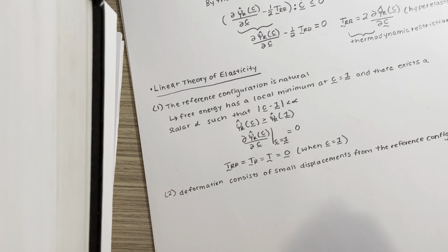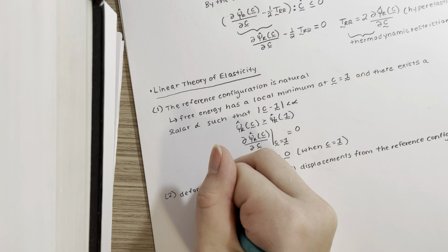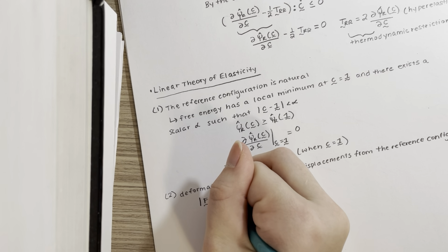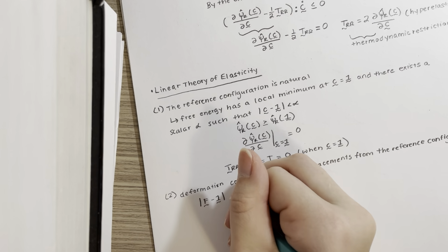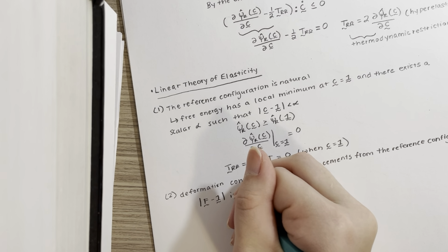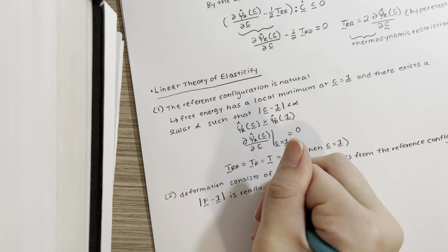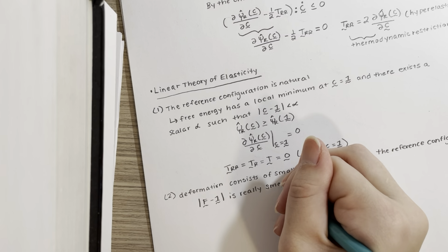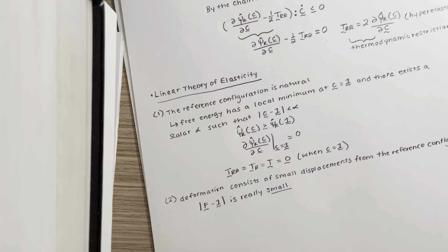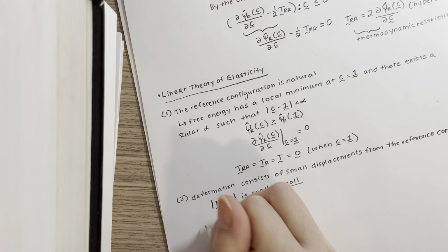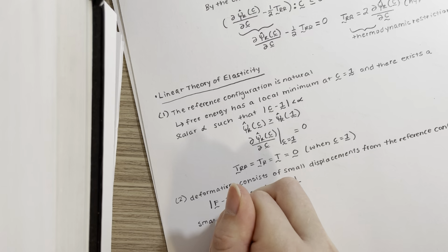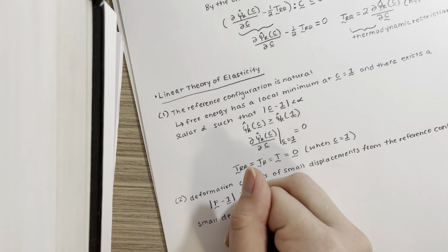This means that if we take the magnitude of F minus the identity tensor, it's really small. So just a review of what is considered a small deformation.